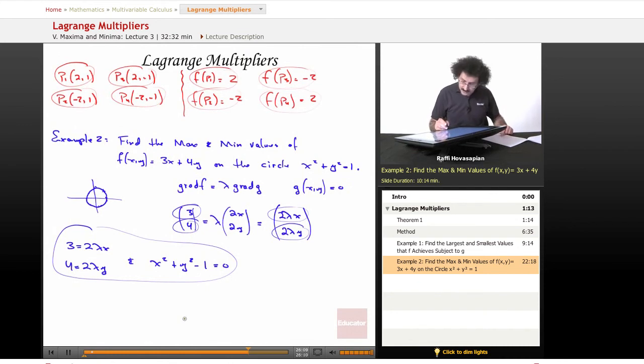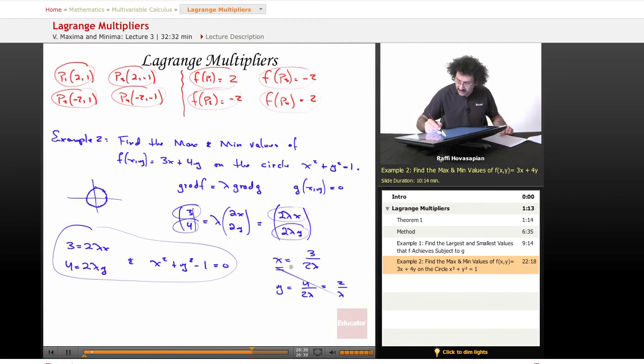Okay, well, I think the best way to approach this is, since we have these two equations, I'm just going to solve each of them, one for x and one for y. So in this particular case, x is going to equal, dividing by 2 lambda, 3 over 2 lambda. And y, when I divide by 2 lambda, is going to be 4 over 2 lambda, which is equal to 2 over lambda.